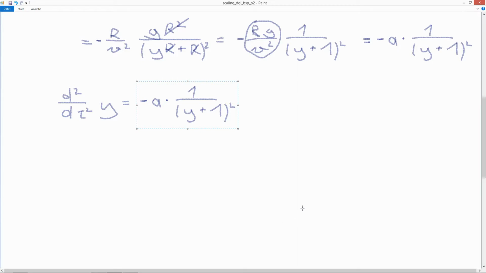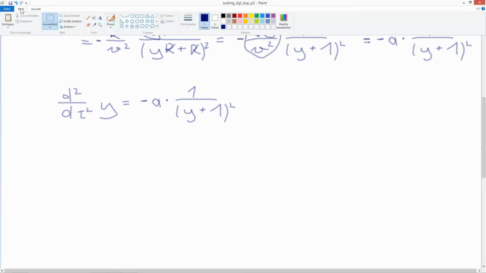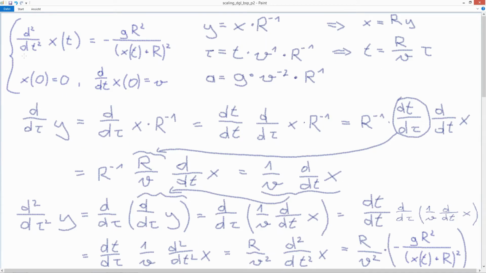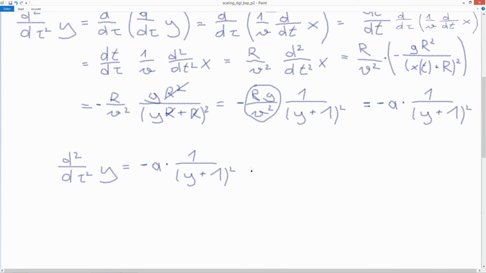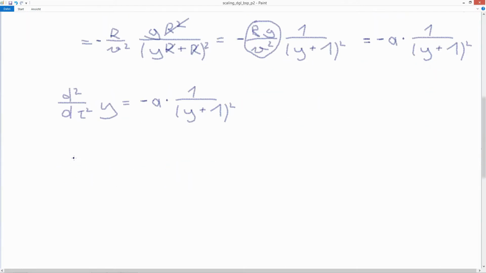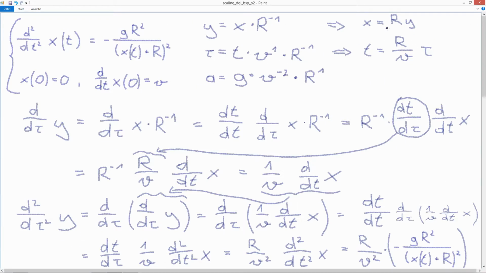Okay, but when we take a look at the original differential equation, we also have boundary conditions, and we have to calculate them too for the new variable y. So we have to find out what y at the point 0 is, but this is pretty easy because we have this relation here.